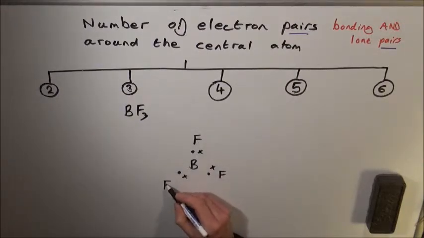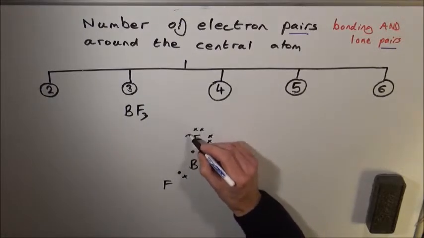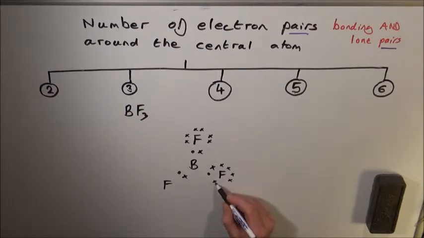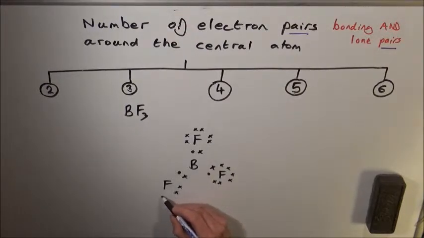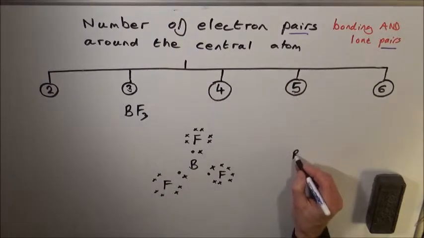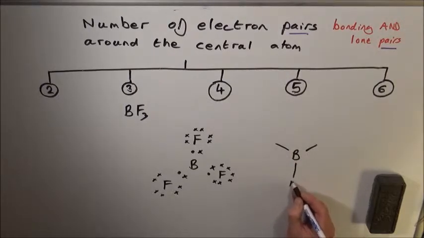And again, if you're asked to draw a dot and cross, don't forget the lone pairs on the fluorines. There they are. So again, I can just represent it like this, where it makes it easier to see the shape.